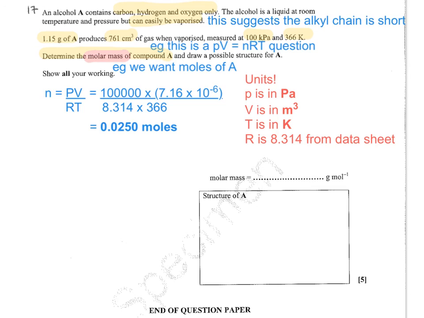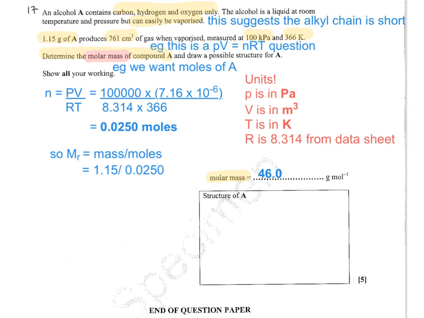But we're not quite there yet because we want the molar mass. To convert the moles to molar mass, it's very straightforward. Remembering that MR is mass over moles, that gives us 1.15 over 0.0250, and that gives us 46.0 as our molar mass.